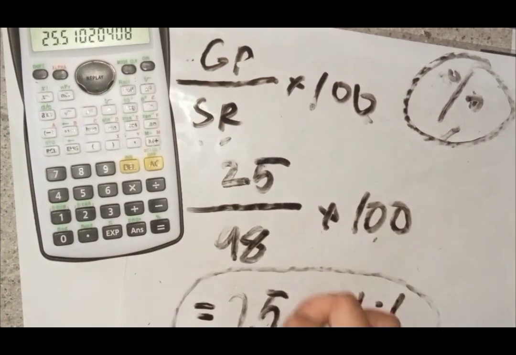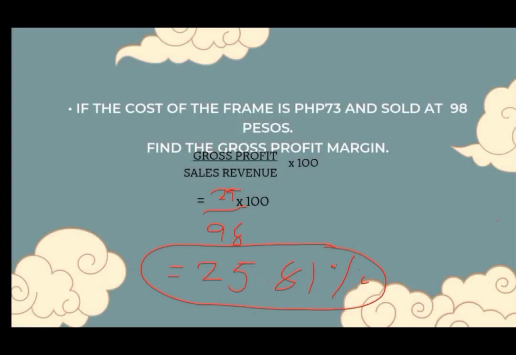So, let's check if tama yung gross margin natin. So, ayan. So, ang gross profit margin natin ay 25.51%. So, lagi natin tandaan guys, kapag gross profit margin, ito ay percentage.